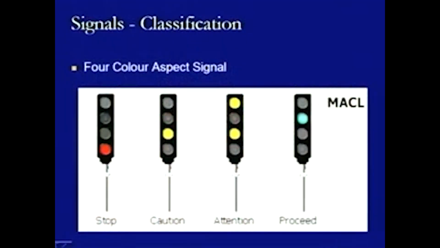So, that is how these four color aspect signals work, and it has an advantage in the form that it tries to indicate the driver about the condition which may be prevalent on the next section or the section from where the another set of signals will be working.